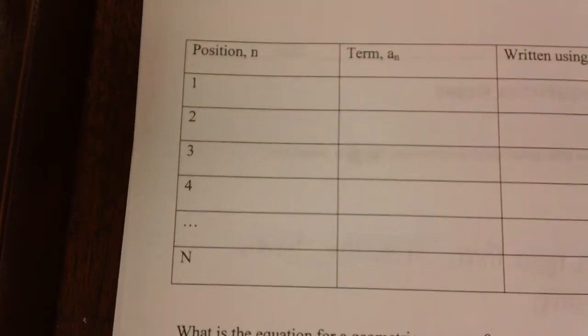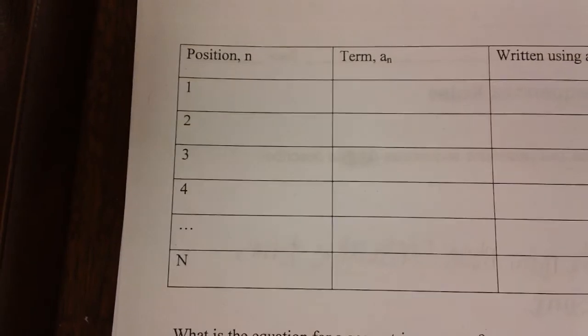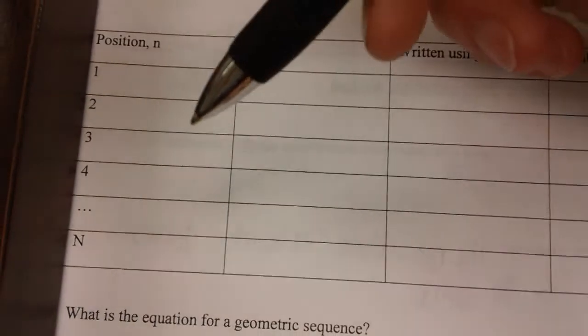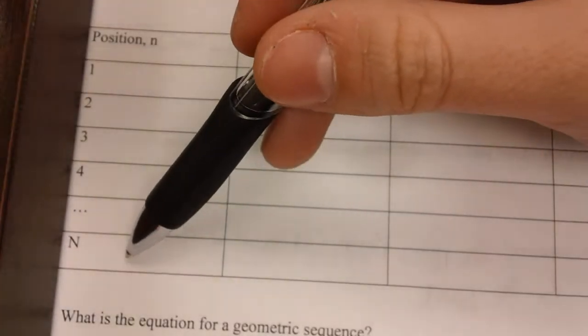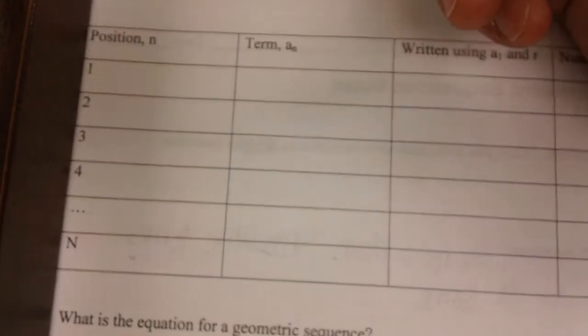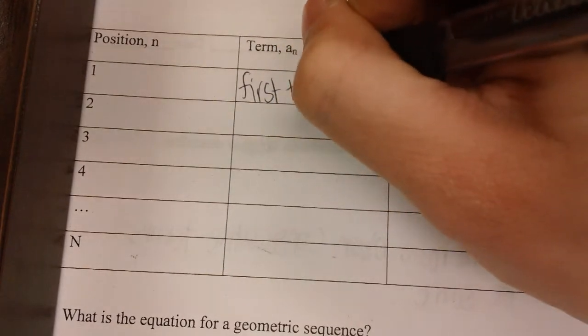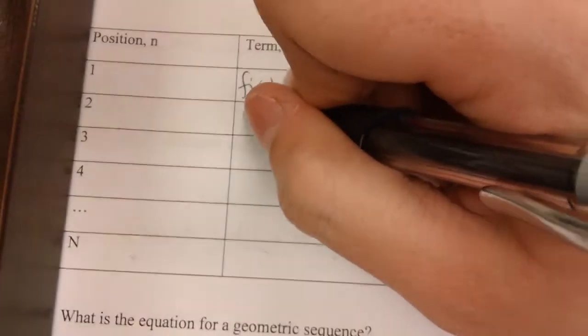Alright, so when we have a geometric sequence, we have numbers in different positions, 1, 2, 3, 4, all the numbers up until whatever number we're going to end with. Our general rule will be here. This is called the first term, and we write it as a subscript 1.